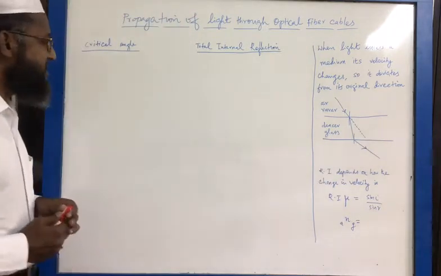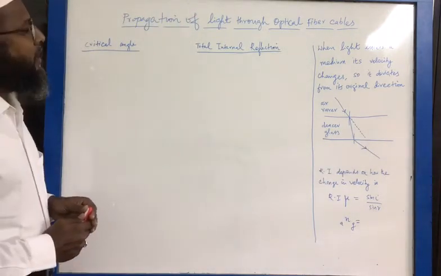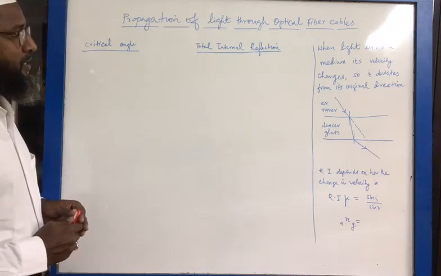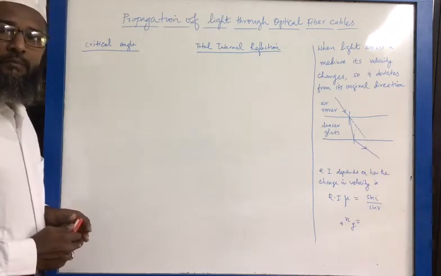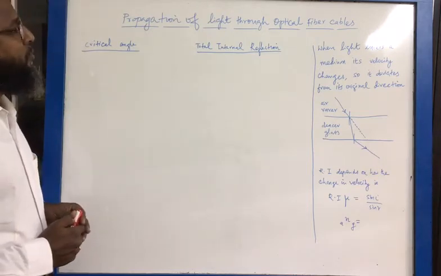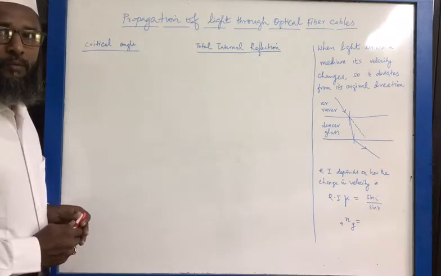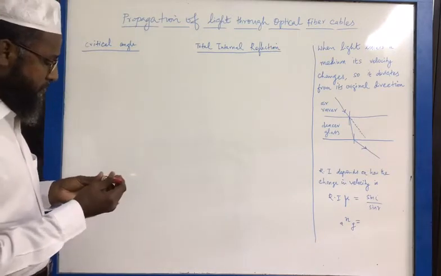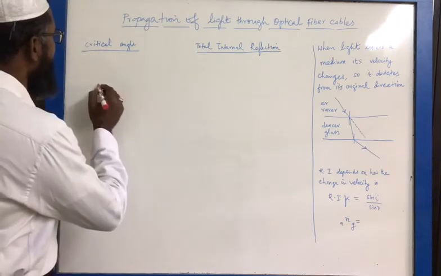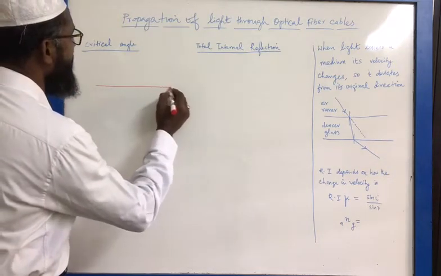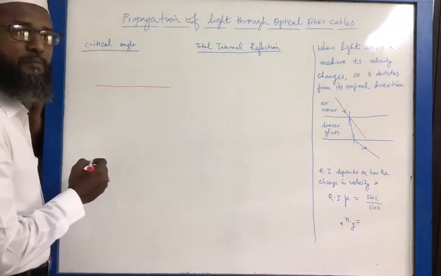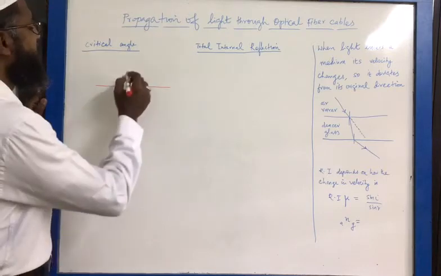Now let's see what is critical angle and how to understand the total internal reflection, which is the basic principle behind the propagation of light through optical fiber cables. Now let's take the ray passes from denser medium to rarer medium.